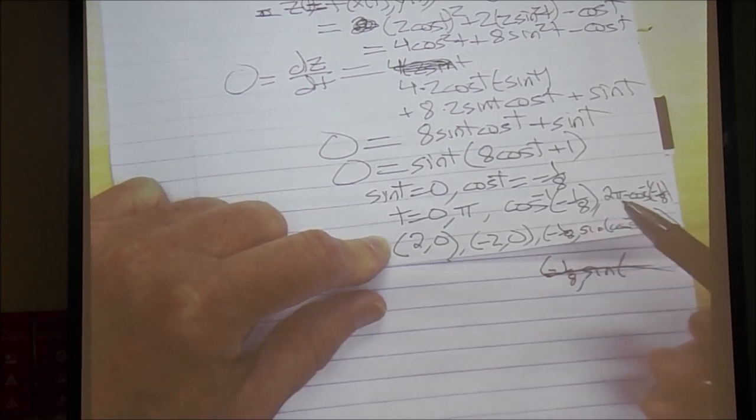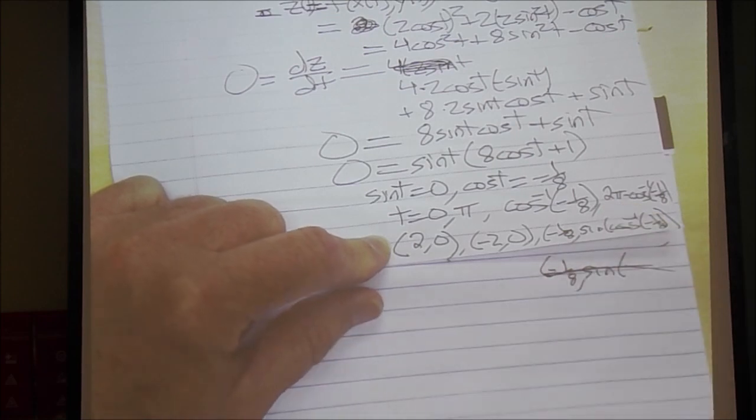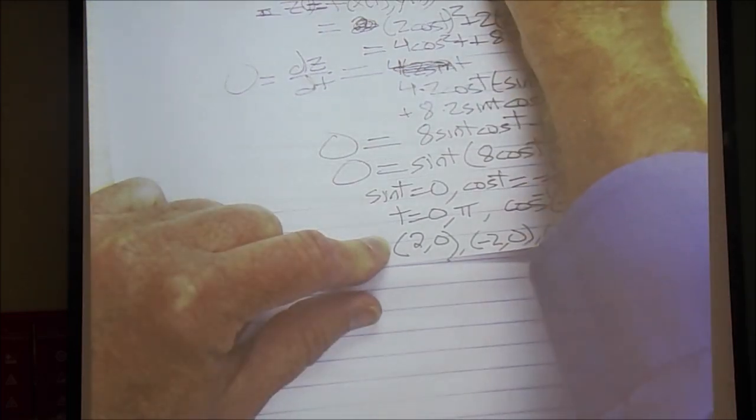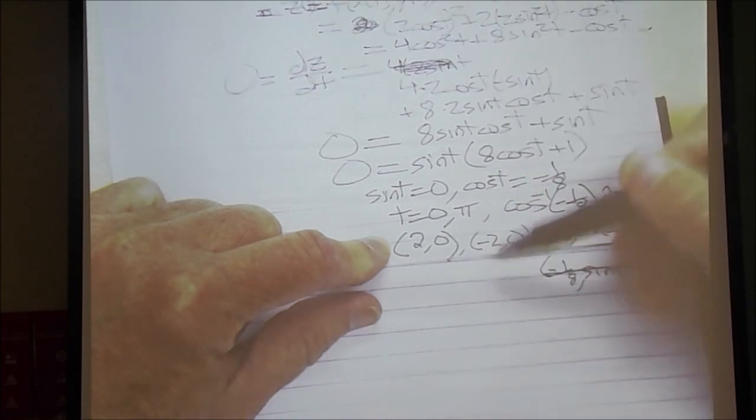Plug in the 4 points, and what you find out actually is that the high point is going to occur at the back of the disk, where x is minus 2 and y is 0.